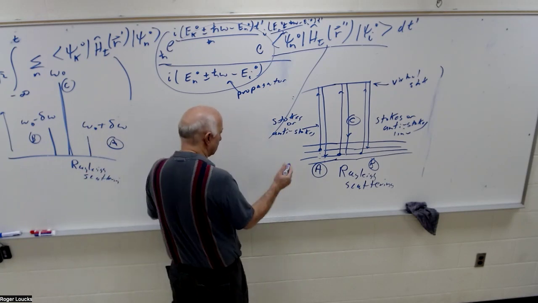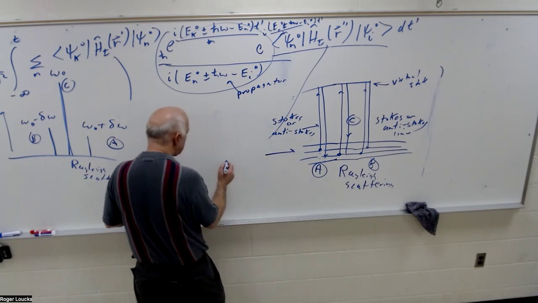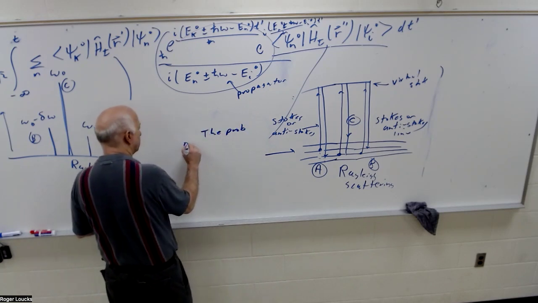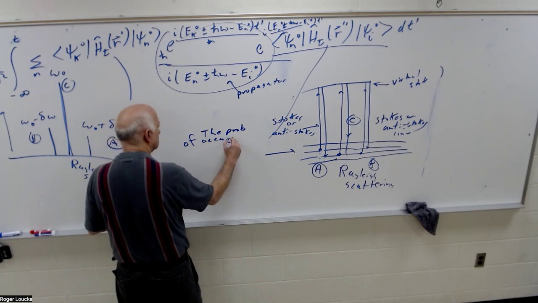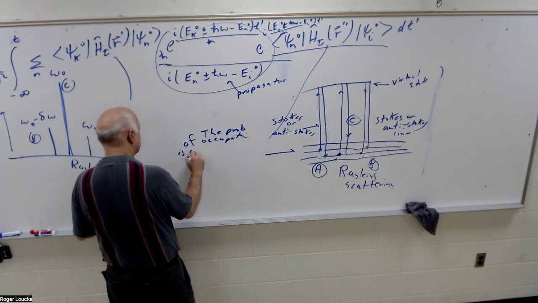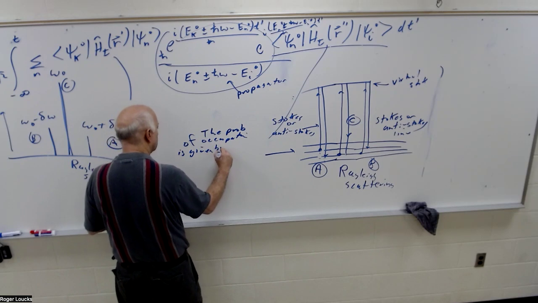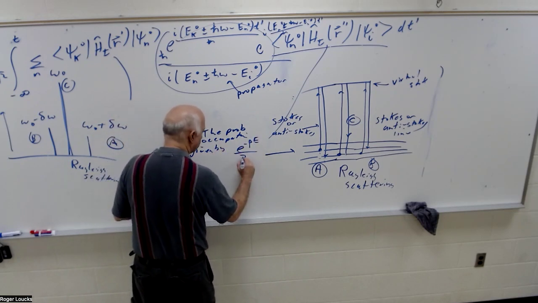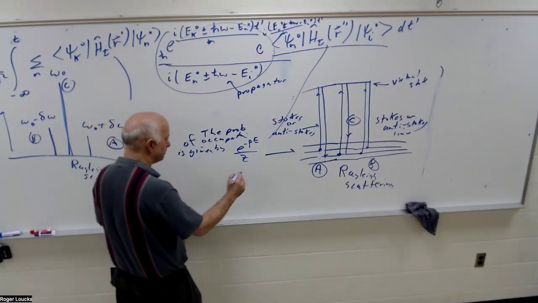So what happens in this case? The probability of occupation is given by e to the minus beta E over Z. It's a Boltzmann distribution.